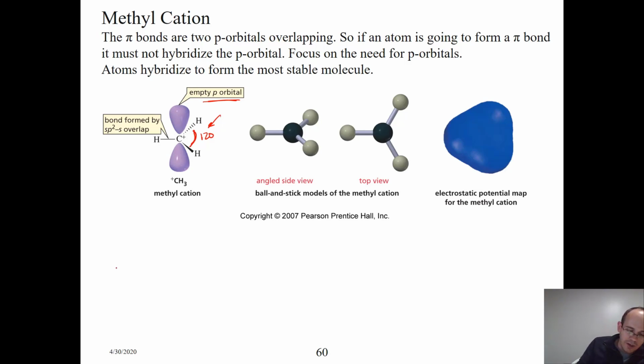atom. Now, in an electron energy way, it does make sense because if you have sp2 hybrids and 1 p orbital, these sp2 hybrids are lower in energy than sp3 hybrids would be.